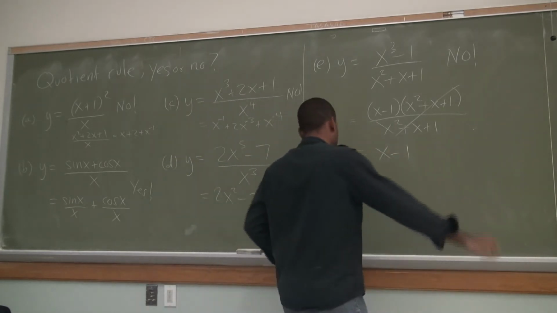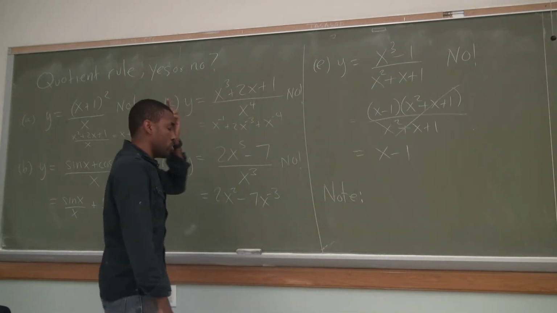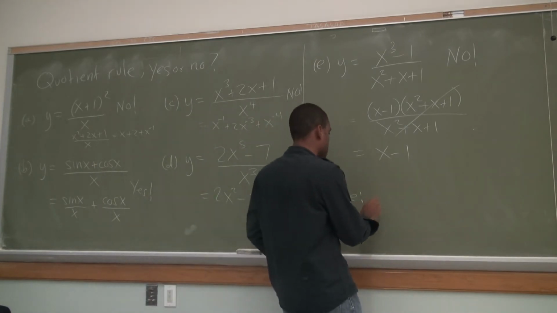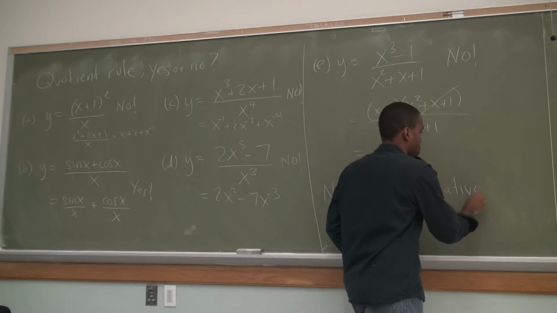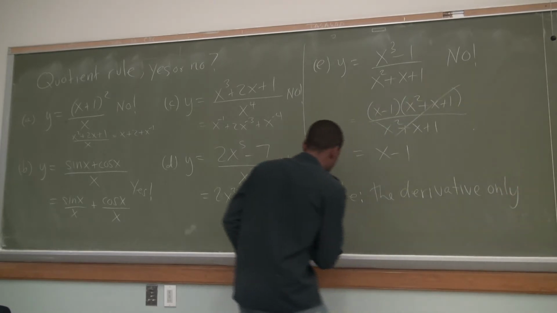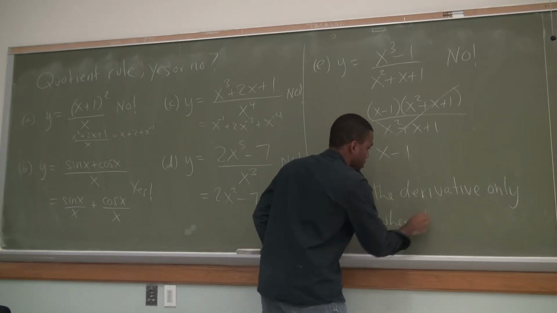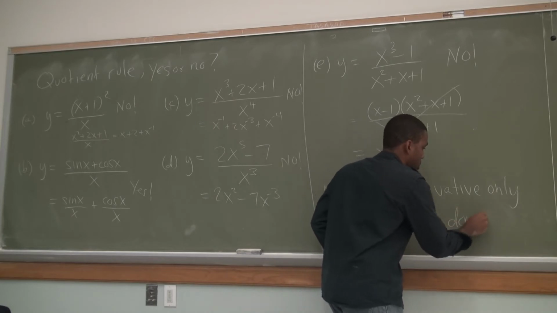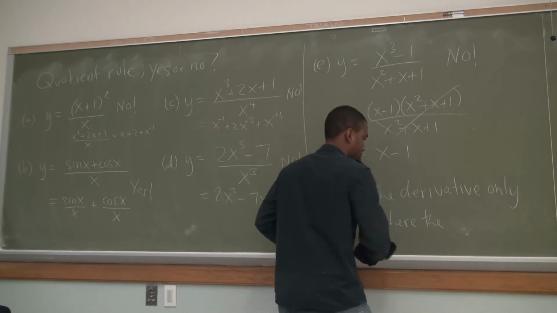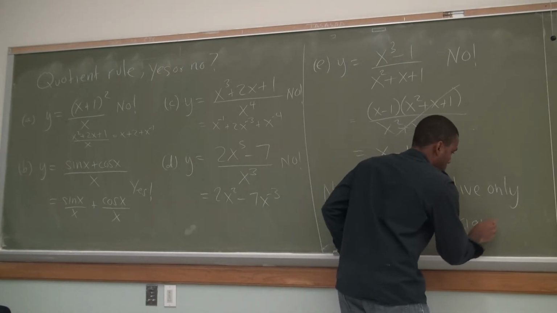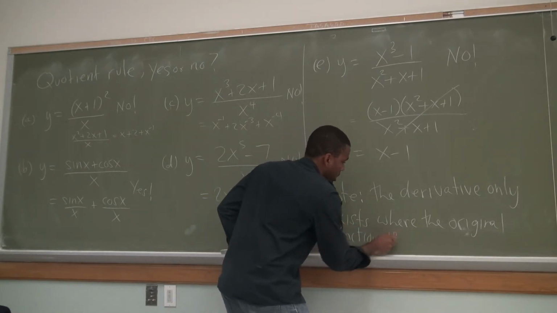Right? Note though, a word of caution is going to be especially important when we get to curve sketching and things like that. The derivative only exists where the function is continuous.